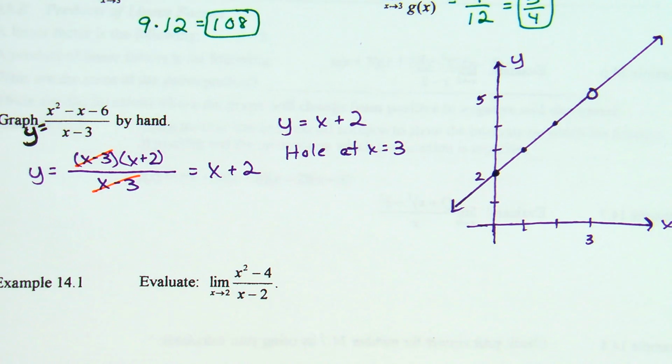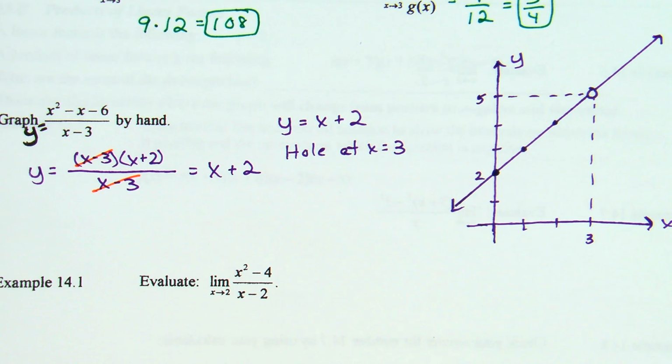Before I move on to the next one real quick, what's the limit of this graph as x approaches 3? So as x approaches 3 right here, it's approaching the y value of 5.